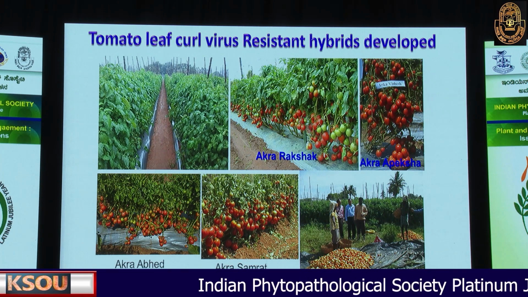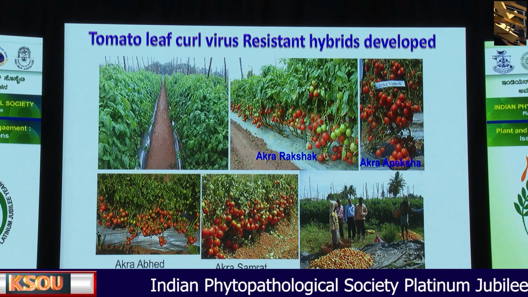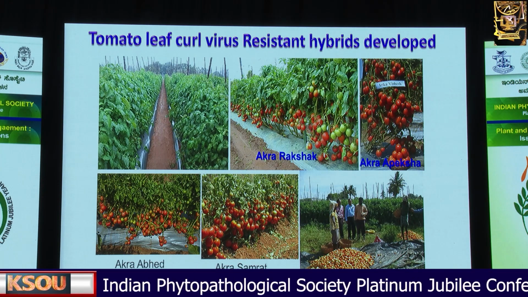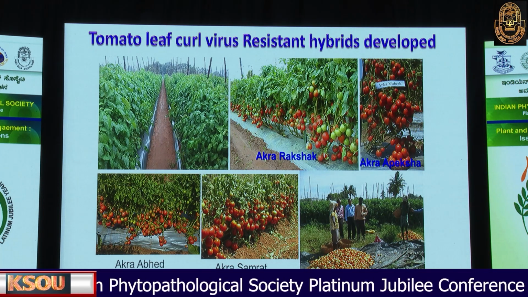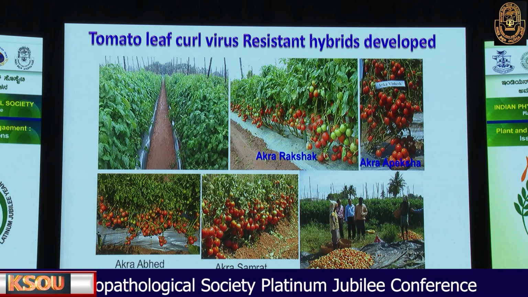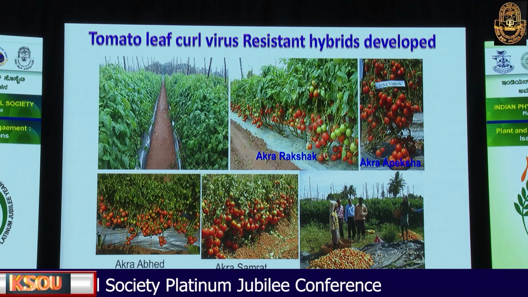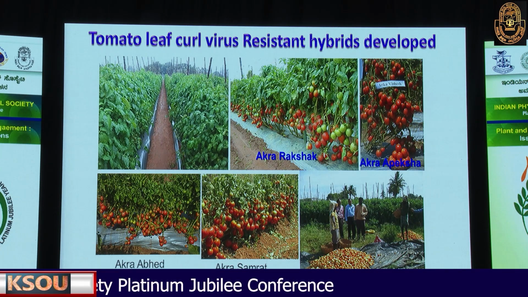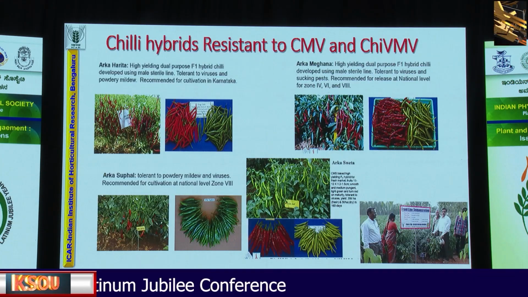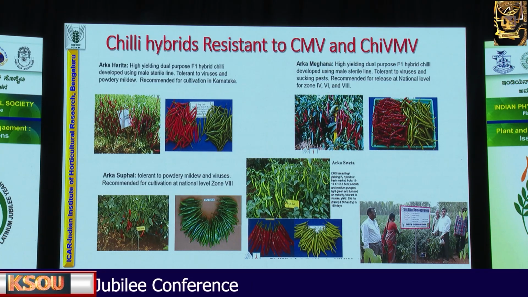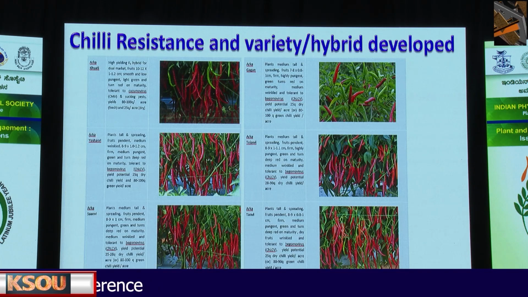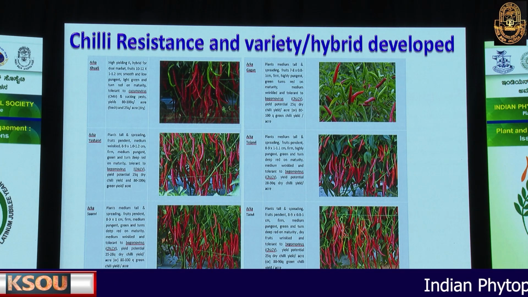Then next we come to resistance build-up. We have done resistance breeding for tomato leaf curl, wherein we have developed four hybrids with multiple disease resistance. They are resistant not only to tomato leaf curl virus, but also to Phytophthora, early blight and bacterial wilt. In chili, we have developed four hybrids resistant to cucumber mosaic virus and potyvirus, and recently six hybrids for chili leaf curl, which has been devastating throughout the country for the past two years.